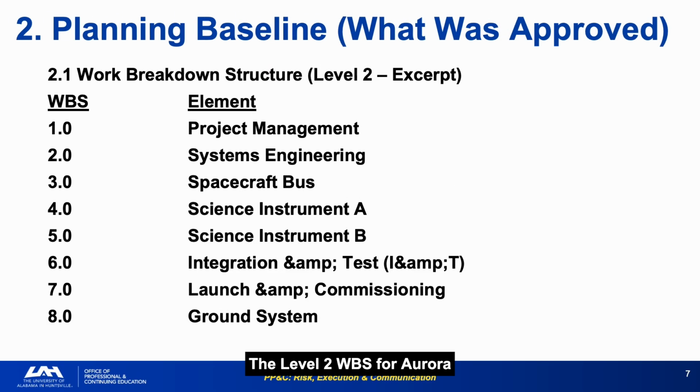The Level 2 WBS for Aurora Trace, Project Management, Systems Engineering, Spacecraft Bus, Instrument A, Instrument B, INT, Launch and Commissioning and Ground System is the cost and schedule accounting framework against which all performance will be measured. 8 WBS elements at Level 2 are appropriate for a program of this complexity, granular enough to identify cost drivers, but not so detailed that management attention gets fragmented across dozens of accounts.